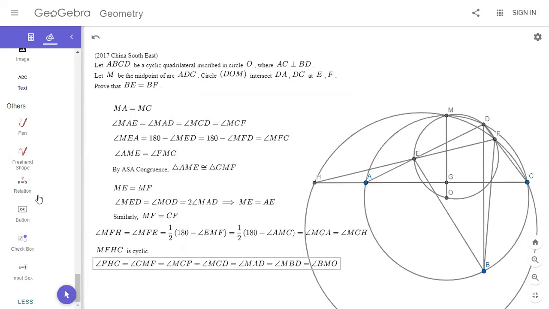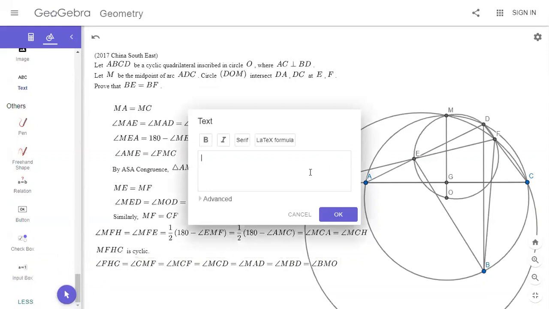I'll type out a little mini proof of it, but I'm just thinking how to express that.